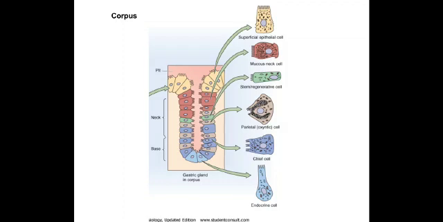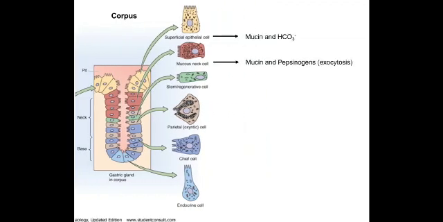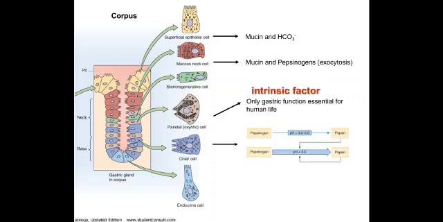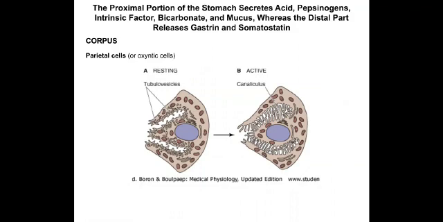And the endocrine, the enterochromaffin. So mucin is secreted by the superficial epithelial cell, mucin and pepsinogen by the mucous neck cell, acid, that is HCl, and intrinsic factor by the parietal cell, and pepsinogen by chief cells, which is converted under a low pH. So finally the enterochromaffin cells, stimulated due to stress, release histamine.